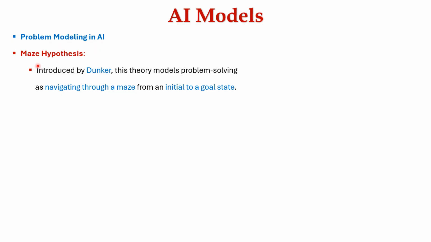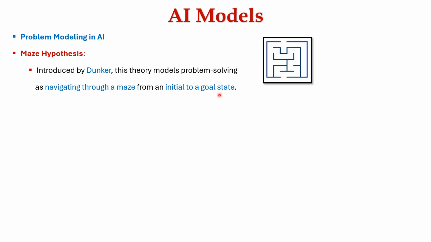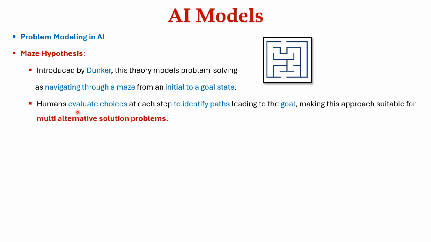Let's start with Maze hypothesis. It was introduced by Dunker. This theory models problem solving as navigating through a maze from an initial to a goal state. Human evaluates choice at each step to identify the path leading to the goal, making this approach suitable for multi-alternative solution problems.